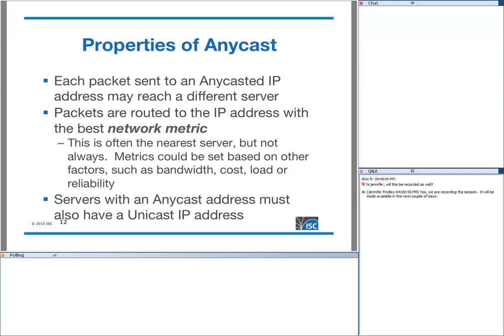That will be the same across all of your servers that you want to Anycast that address from. But you also need to have a unique unicast IP address, for example, on the Ethernet interface. This is the address that you use to manage the box, to do zone transfers, things of that nature, since you can't do that to the Anycast address.